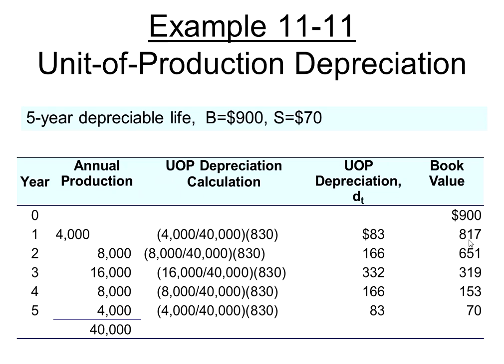Then from this BV1 we subtract the depreciation in year 2, and it gives us BV2, and so on. From the old book value, subtracting depreciation, we get the new book value. And so you can see that it goes from 900 to the salvage value of 70.